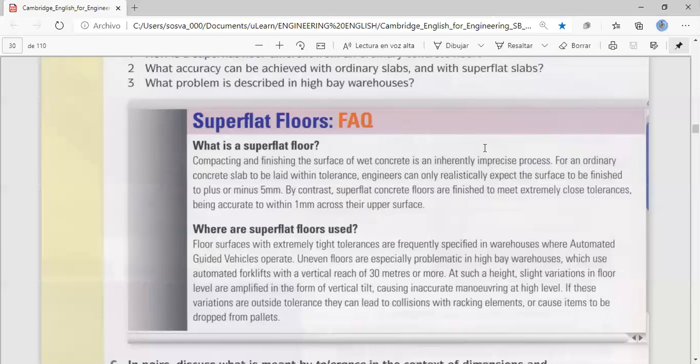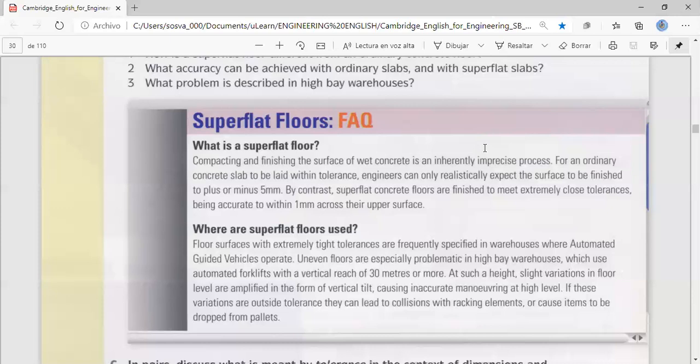By contrast, super flat concrete floors are finished to meet extremely close tolerances, being accurate to within 1 millimeter across their upper surface. Good, you explained that.